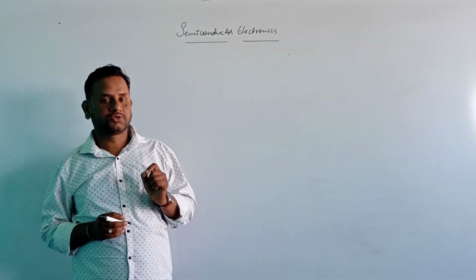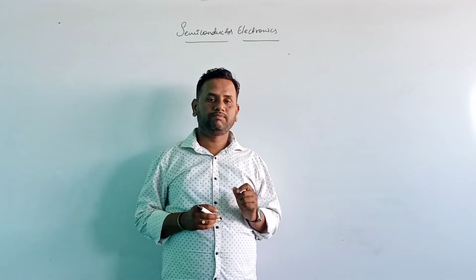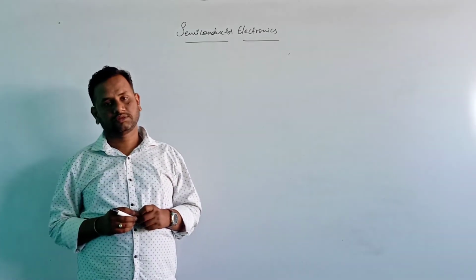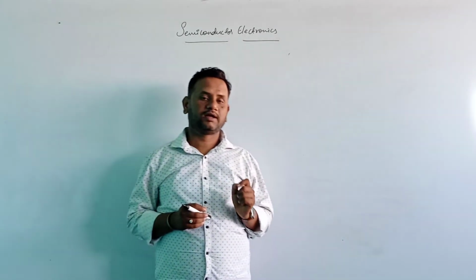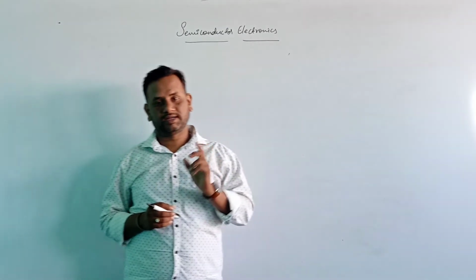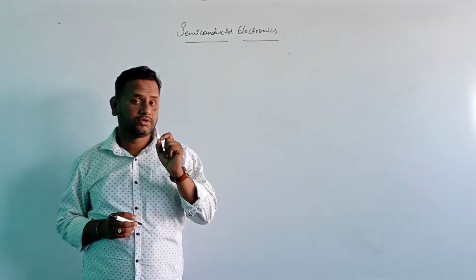So this shows that in a PN junction diode, the current flows in one direction in case of forward bias.